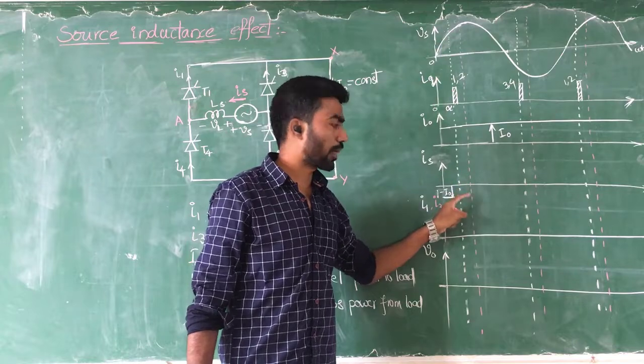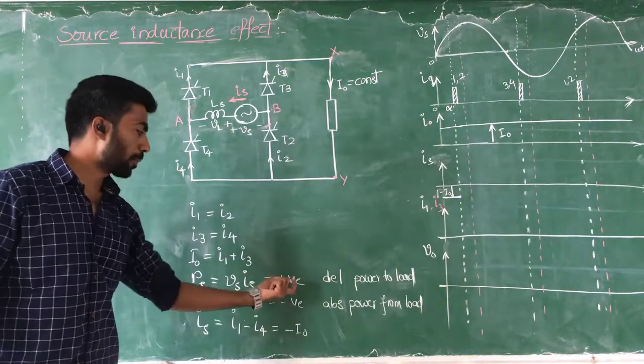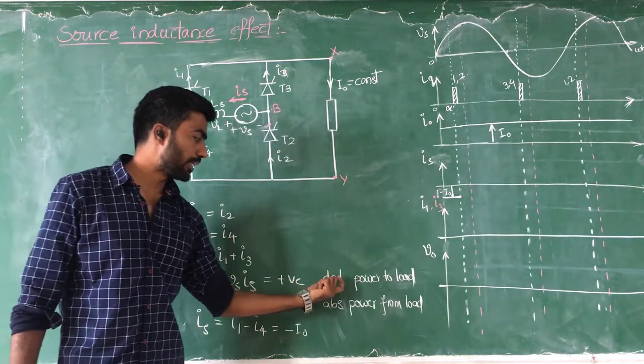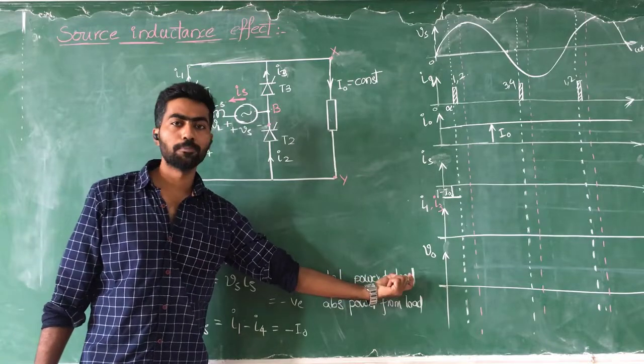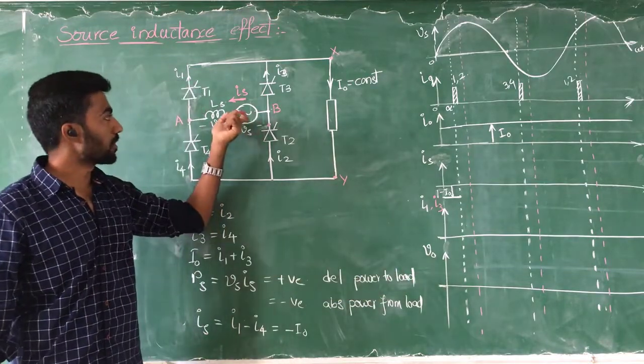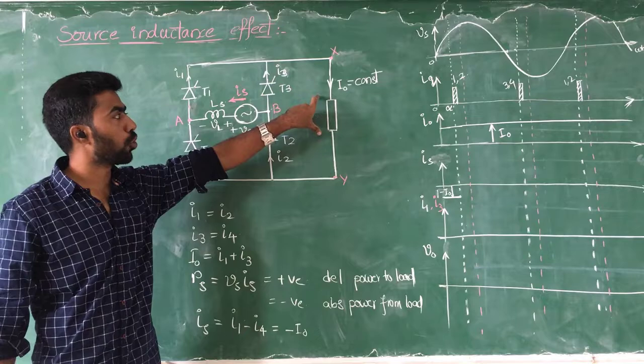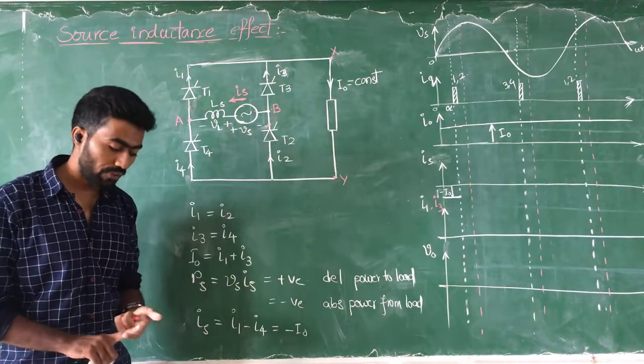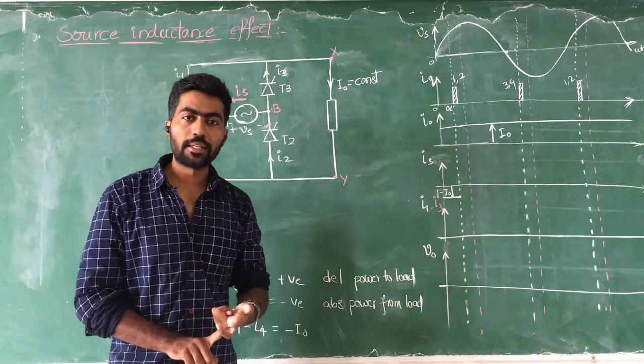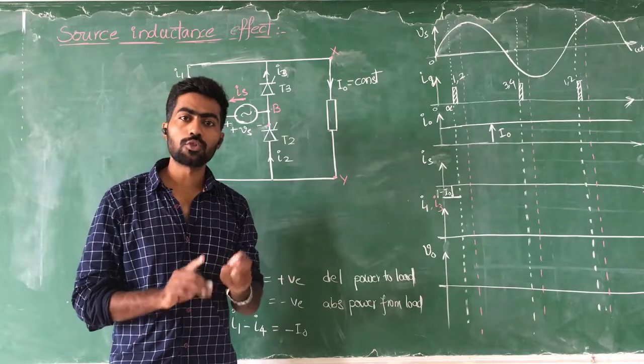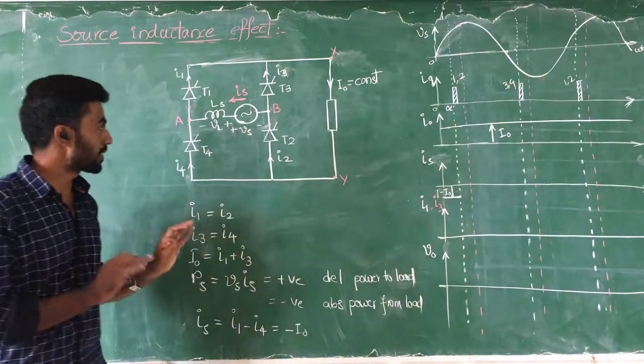Positive voltage and positive current give a positive power value, so the source is delivering power to the load. That means it is the supporting path. Comparing the supporting path and the opposition path, the current chooses the supporting path.